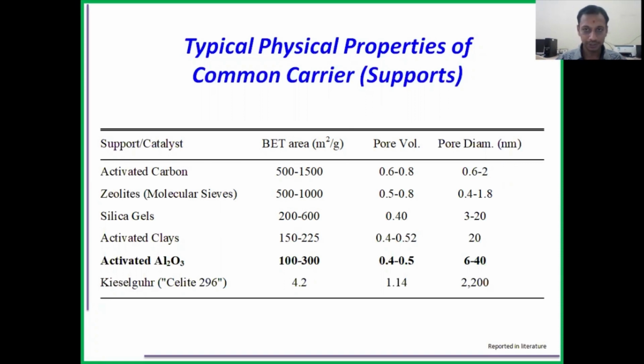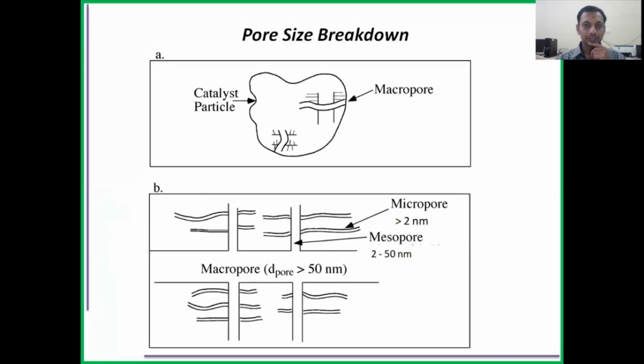So in the pore size breakdown, macropores are there, mesopores are there, micropores are there. If your pores are, for example, less than 2 nanometer in size, then these pores are micropores.